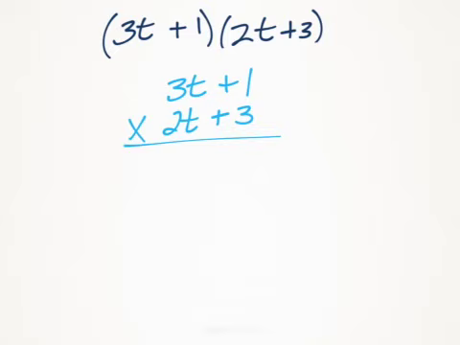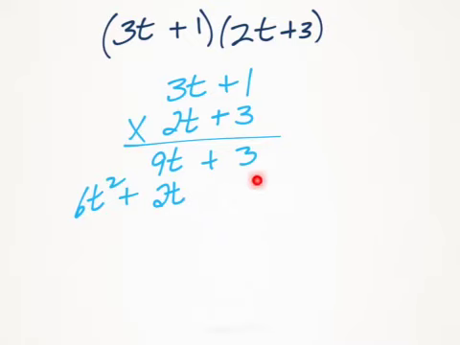This is the third way that you could solve these problems. This is solving it vertically. So I'm solving these just like I would a typical multiplication problem where it's set up vertically. So 3 times 1 is 3. 3 times 3t is 9t.